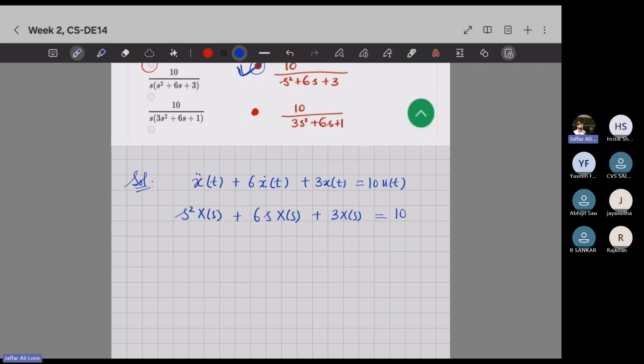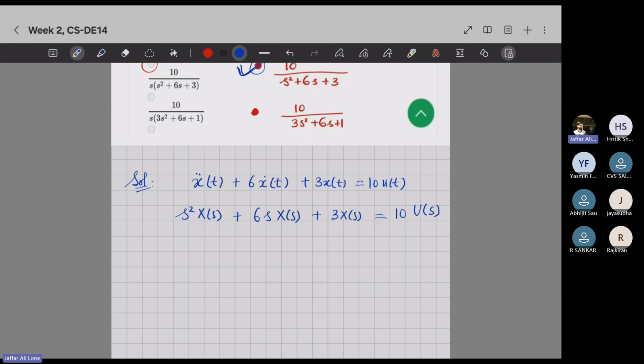Here, the person who gave the answer as option A has taken U(s) as 1 by s. But you need not put that. The transfer function is output over input, and you were putting in the value of the input. You have to find the transfer function, not put in the value. You found the value of the output X(s), not the transfer function. Now take X(s) as common.